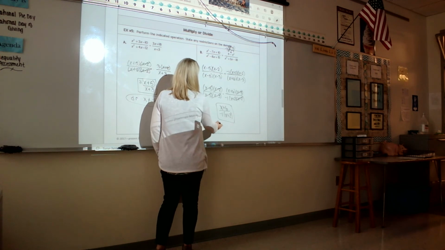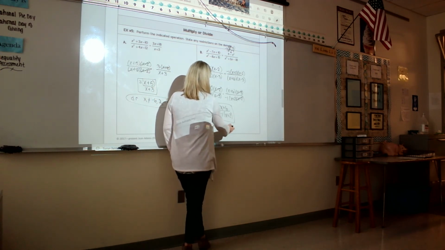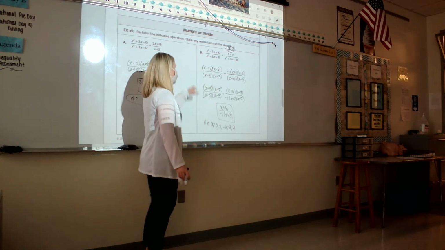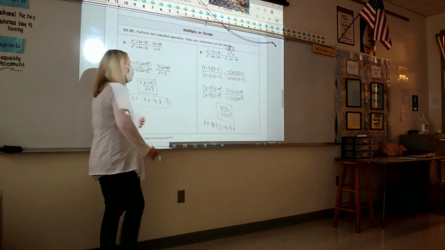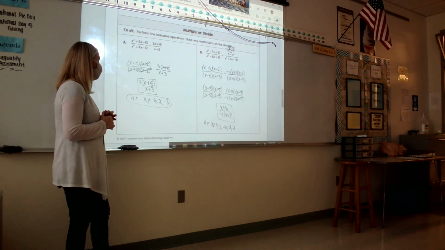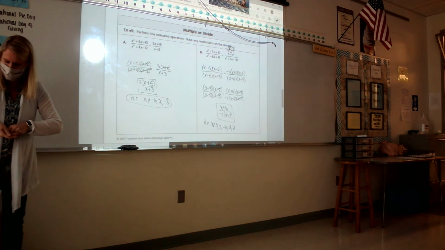X cannot equal 5, 3, negative 6, negative 2, or 2. So remember, you check everything. You have to even go back to that original. That's kind of annoying, but it's a pretty quick step. You just need to remember to do it.